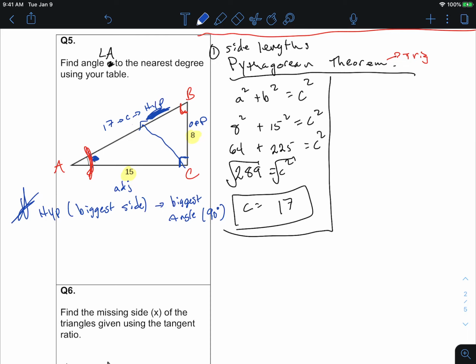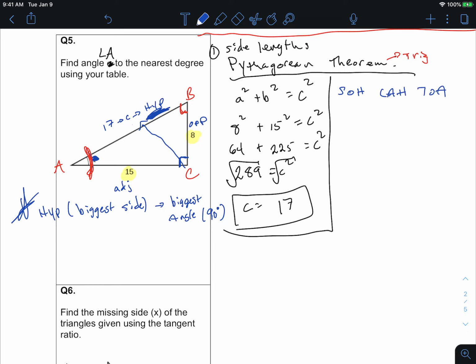So if those are the two things that I have, adjacent and opposite, which trigonometric ratio does that sound like? I need a refresher.